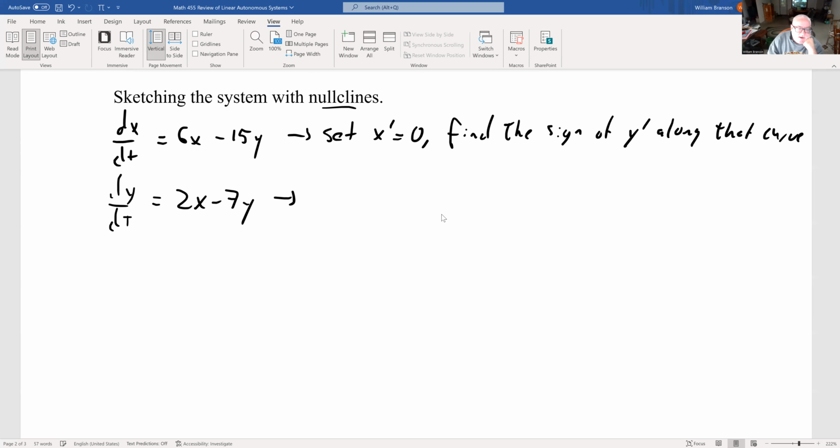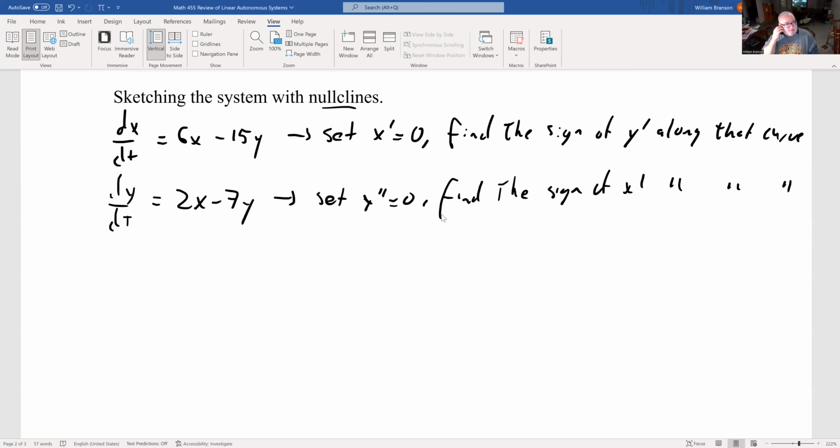The null cline for y, set y prime equal to 0, find the sign of x prime along that curve. So the idea is that we're looking for places where my velocity vector has no x component, and we're also looking for the places where the velocity vector has no y component.